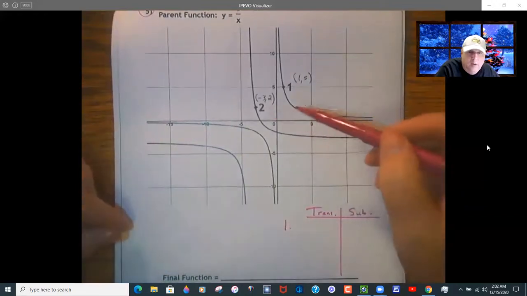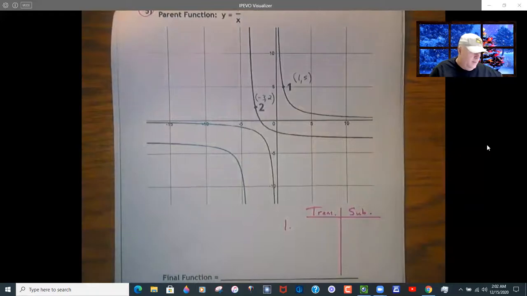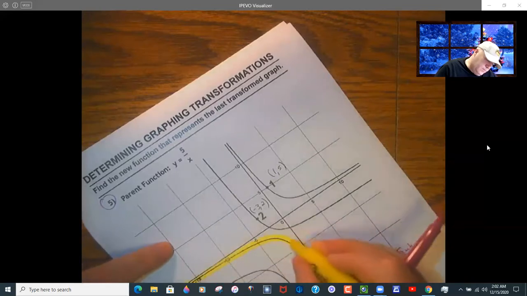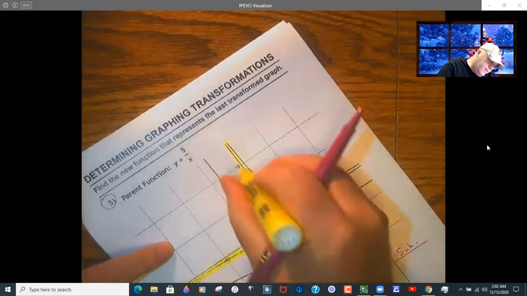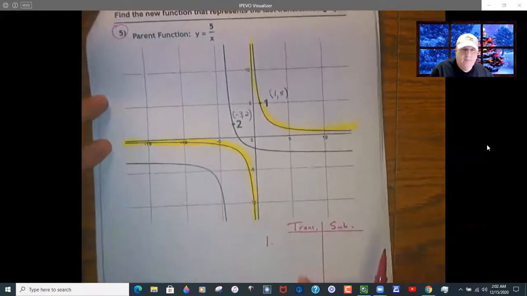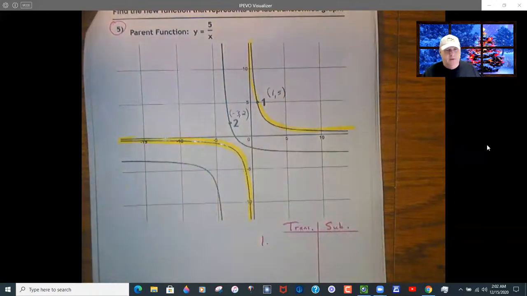So from 1 to 2, that's it. So be careful and understand that the 5 over x is all of this graph here. All of my highlighted graph is one graph, and then I don't have a different color, but these 2 other branches are the shifting.